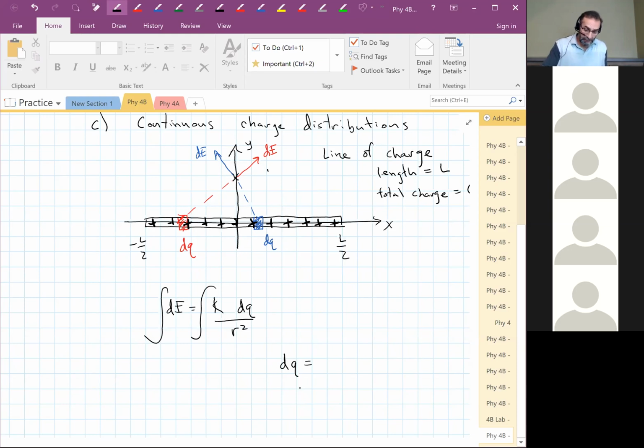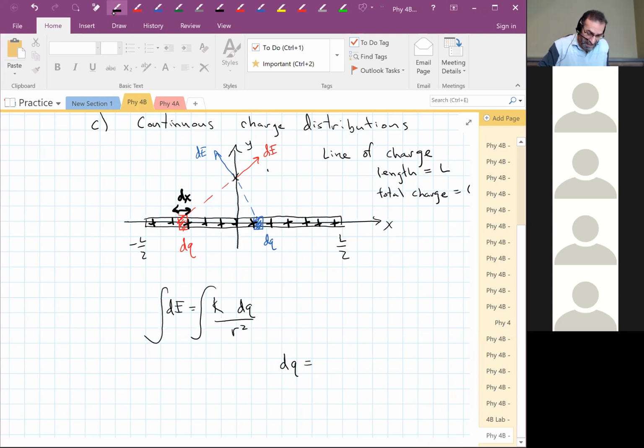We're going to say that this little chunk in the middle has some length. We know it's going to have some small length associated with it. Well, what's the length associated with it? It's going to be dx, right? The little tiny element of length here is going to be dx. That little amount of charge is located in a little tiny length along the axis there.